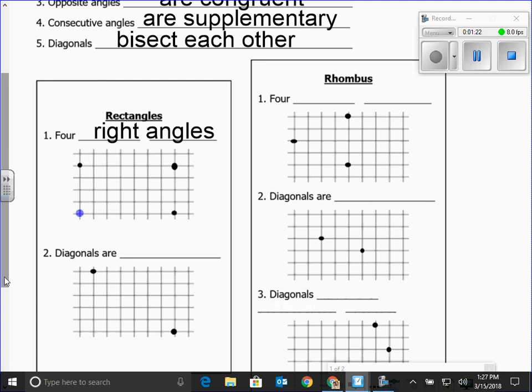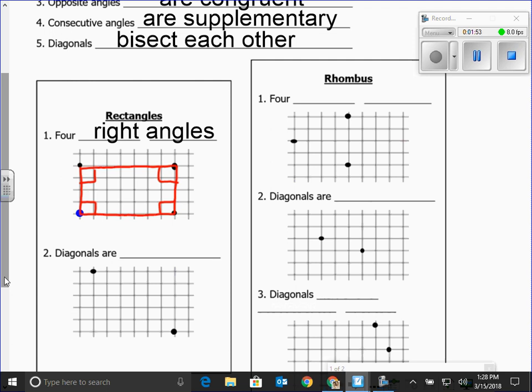So their fourth point would end up over here to keep the sides congruent and parallel. And so this would be our rectangle. And like we talked about in the notes, rectangles have 4 right angles, which we could test by checking to make sure the top lines and the side lines are perpendicular to each other. Okay, so that's how we get the right angles.